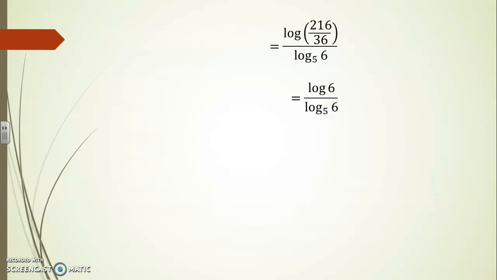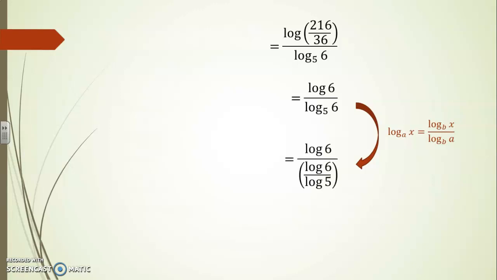Perhaps we could leave the answer as it is, but we could also notice that there are further simplifications we can do. Now, the numerator and the denominator do not have the same base. They're both logarithms, but at the numerator in base 10, at the denominator in base 5. So I'm going to use the base change formula to rewrite the denominator, and I'm going to choose base 10 as the b.